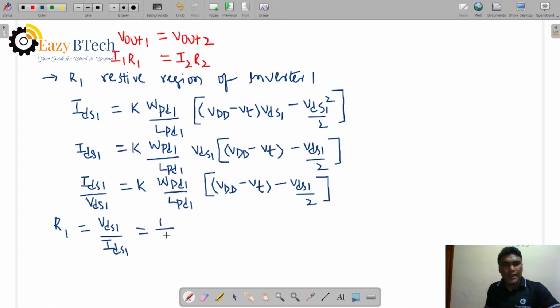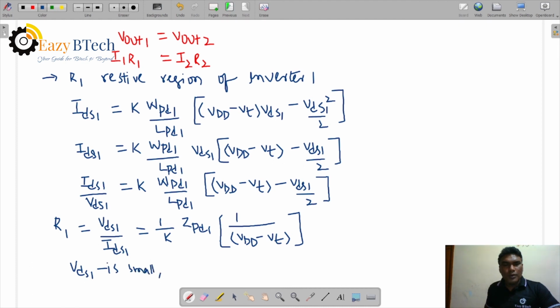It is 1 by K, 1 by W by L, that is L by W. I can write this as L by W of pull down 1, times 1 by VDD minus VT. So VDS1 is small.